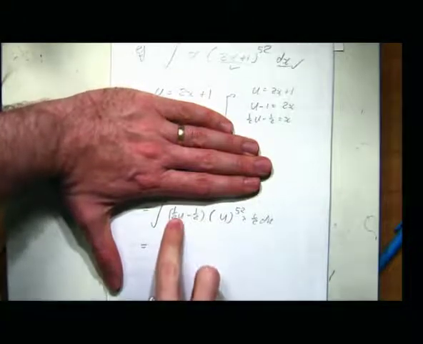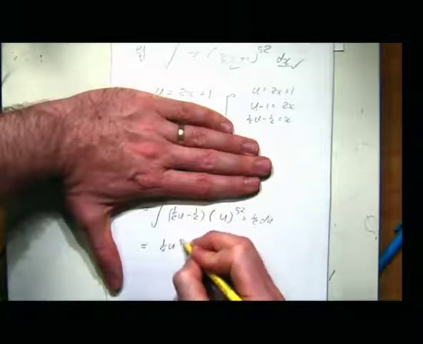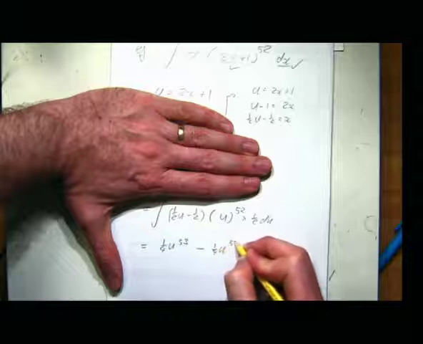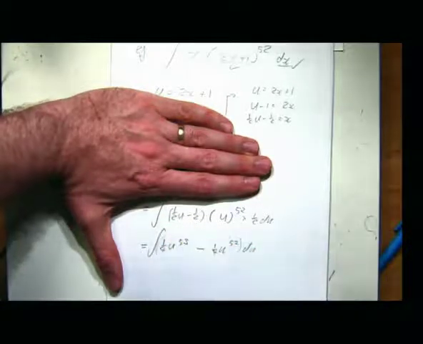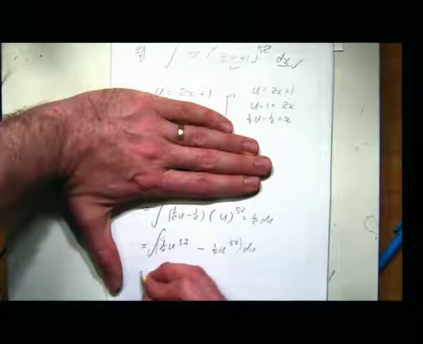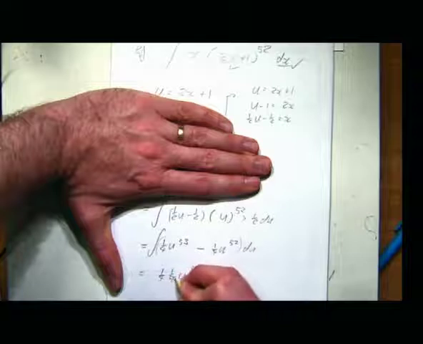So let's see, a half of u times a half of u to the 52 would be a quarter of u to the 53, and a quarter of u to the 52. And what I've done is I've expanded that out. And then I can just integrate it. A quarter of u to the 54 and divide by the new power.